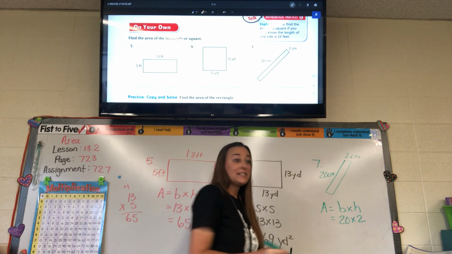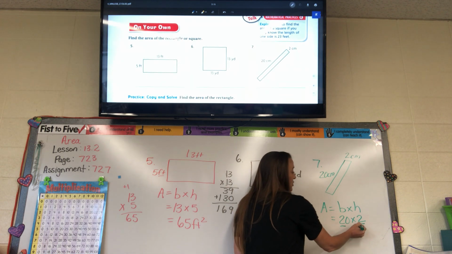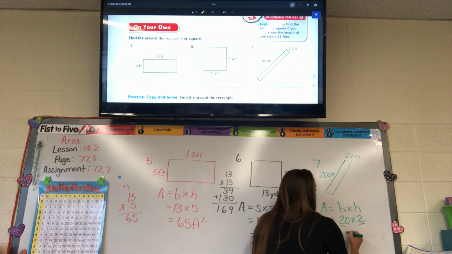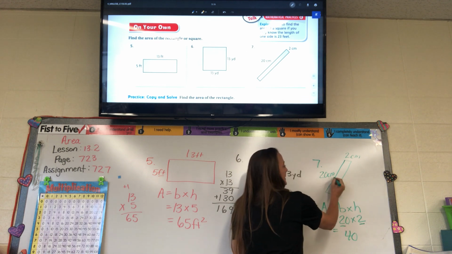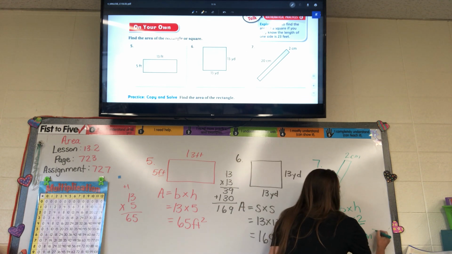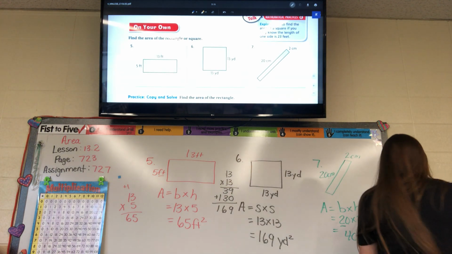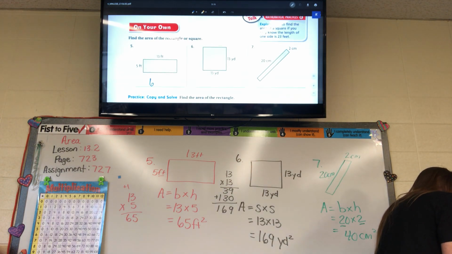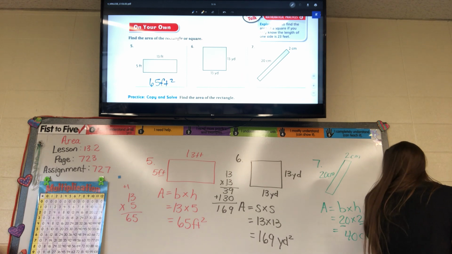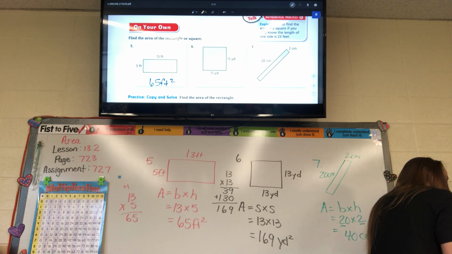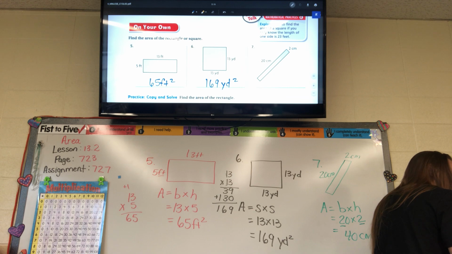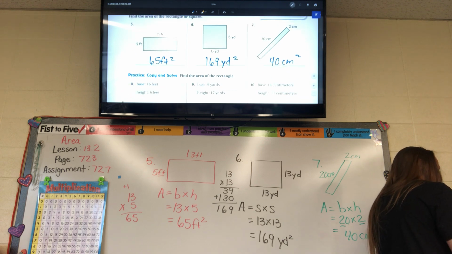I can use my basic fact on this one and go 2 times 2 is 4 with a 0 behind it. So 40 centimeters squared. So for number 5, you should have written down 65 feet squared, and then 169 yards squared for number 6, and then 40 centimeters squared for number 7.